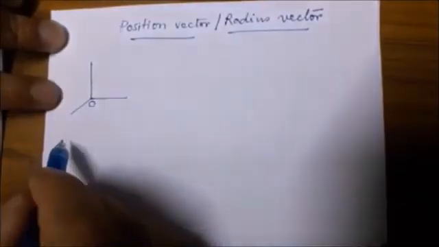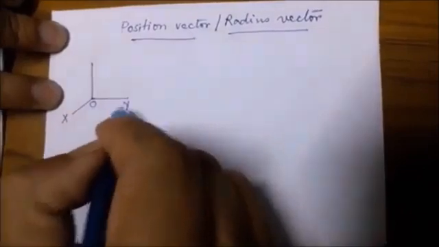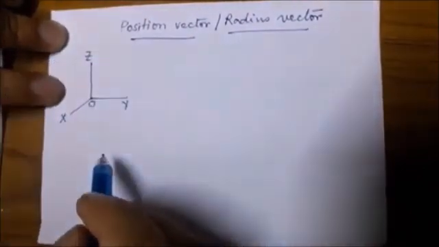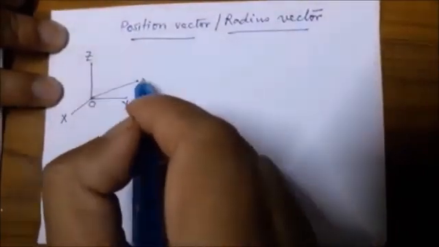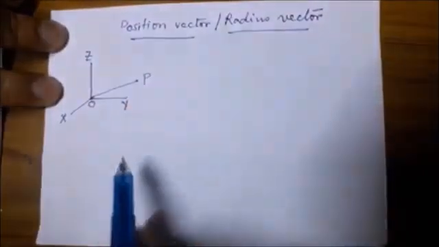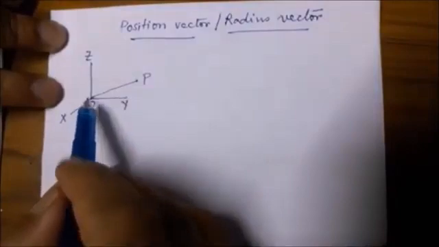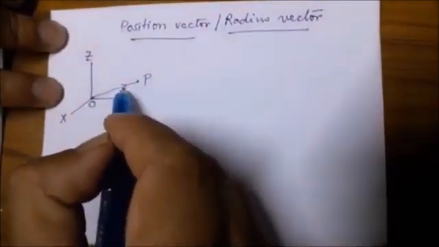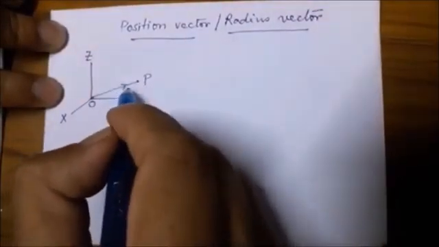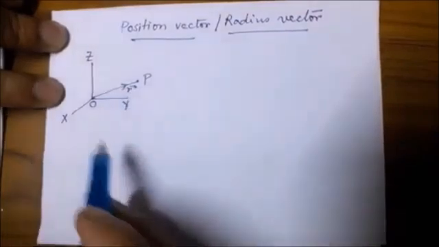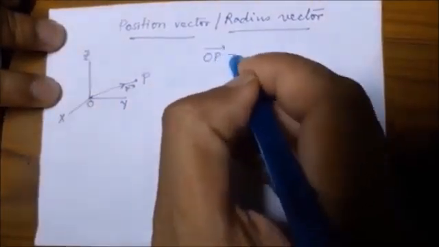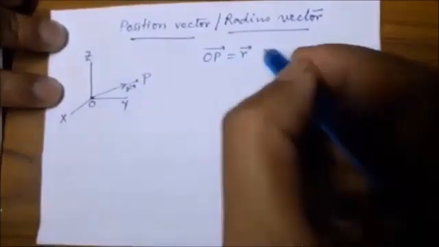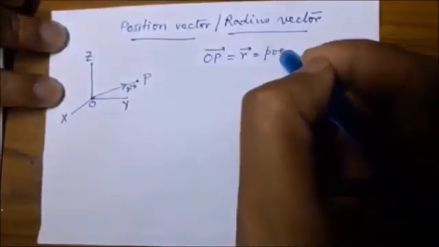O is the origin, x-axis, y-axis, z-axis, and consider a point P here, and let us join P to the origin, and we have a vector R, which is actually OP.